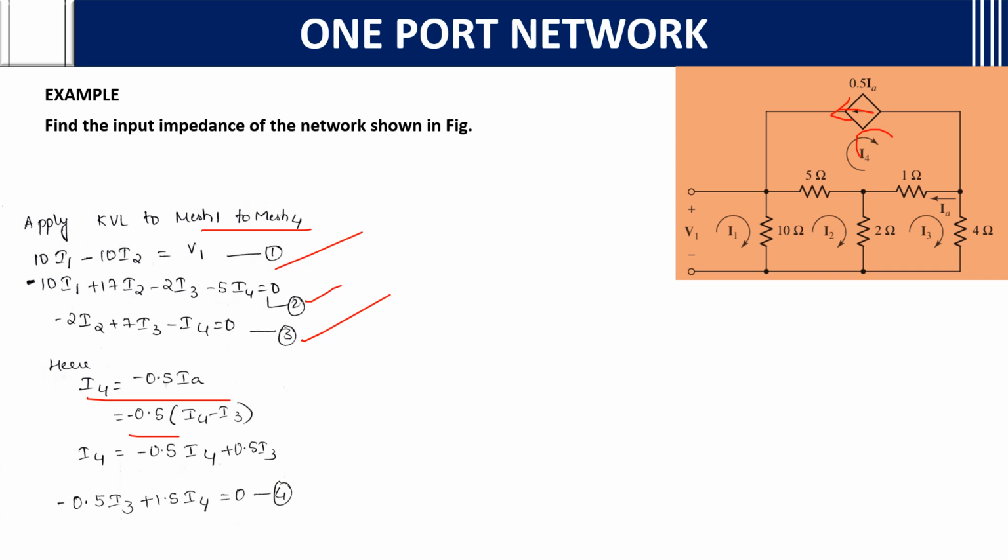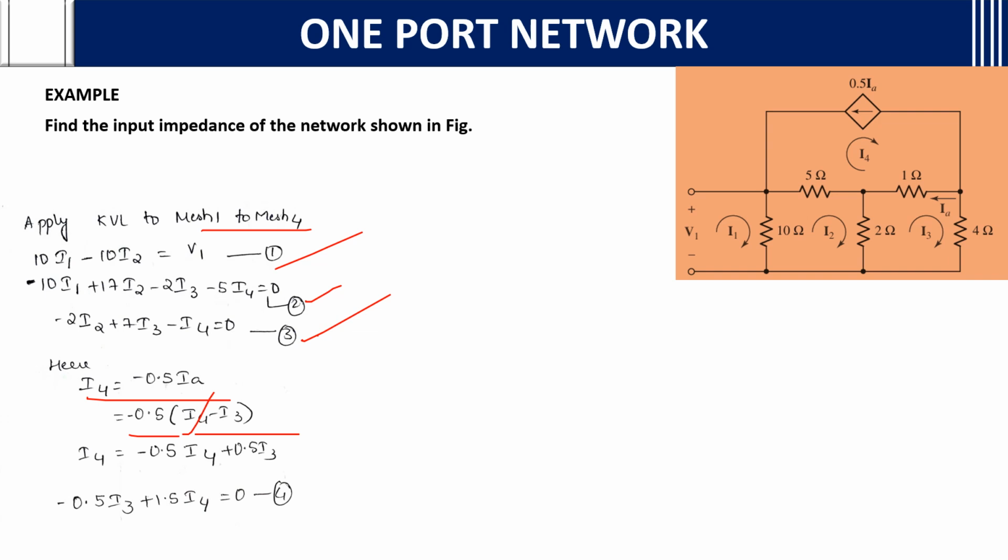So IA is equal to minus 0.5. IA is present at this point, it is moving in the 1 ohm. So 1 ohm, it means what? The current is moving in the same direction. So plus I4, and here the current is moving in the opposite direction, I3. So minus I3. I'll make it clear once again.